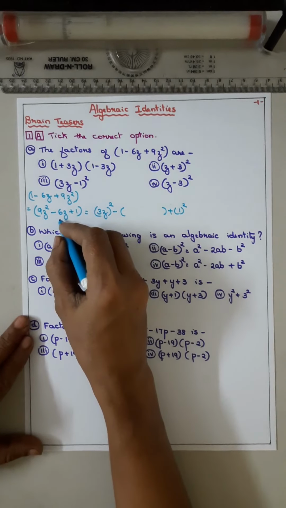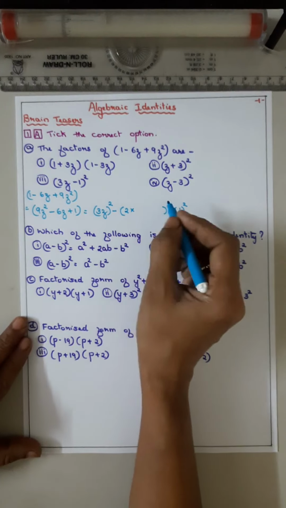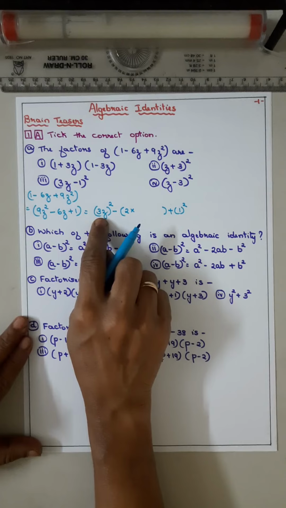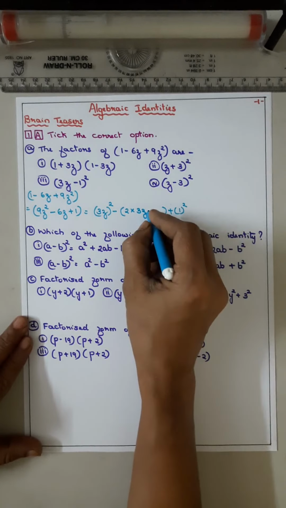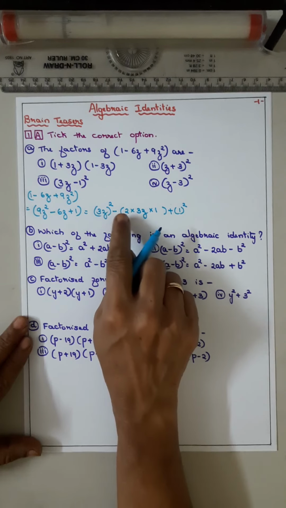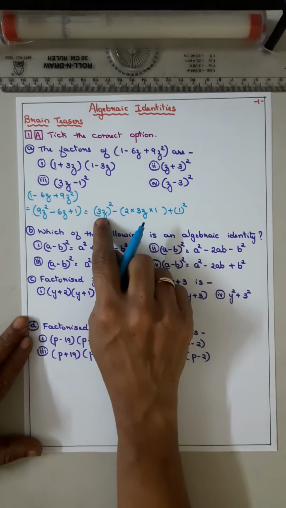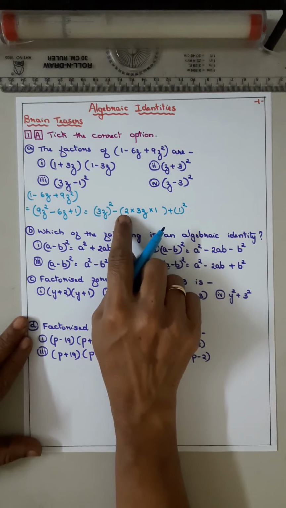Now 6z can be written as 2 into, first in the bracket it is 3z. Here it is 1. So minus 2 into 3z into 1. So what is the answer?